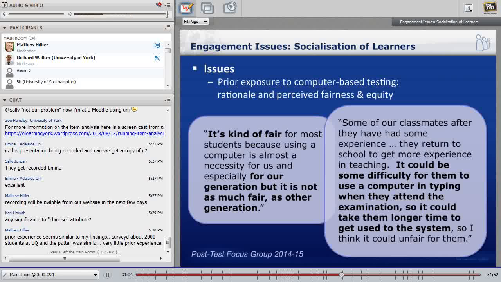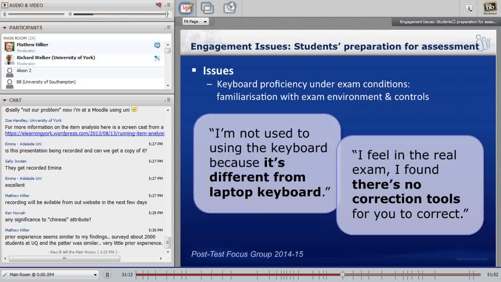More specifically and more critically, though, what we found was that general socialization of learners and also generally equipping them with general ICT literacy was not sufficient for students to be comfortable and to accept the examination situation.